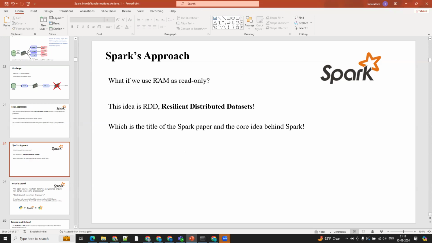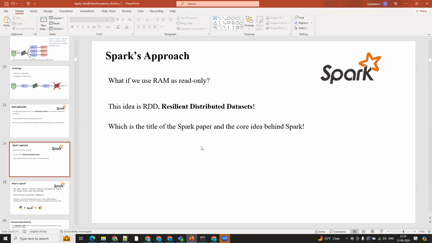I'll tell you what exactly RDD means. So can we store that data in the RAM memory and start processing the data, start applying transformations on top of the data so that I can execute them very quickly, and make them read only?